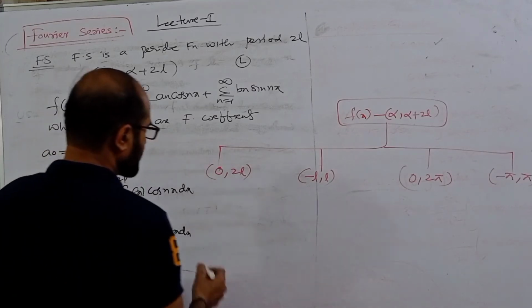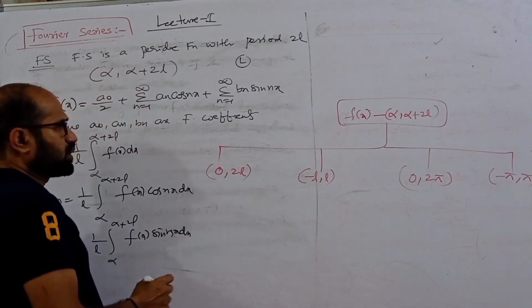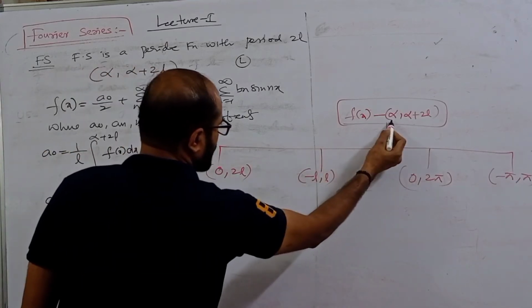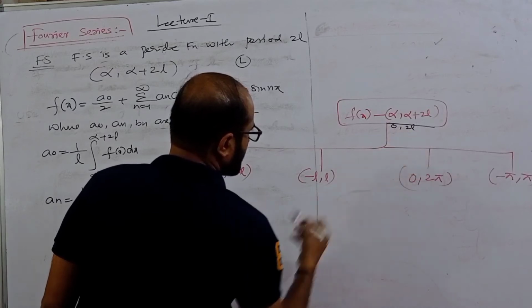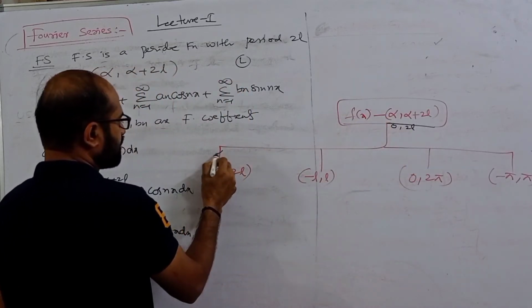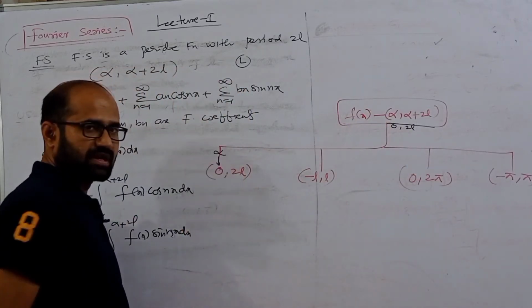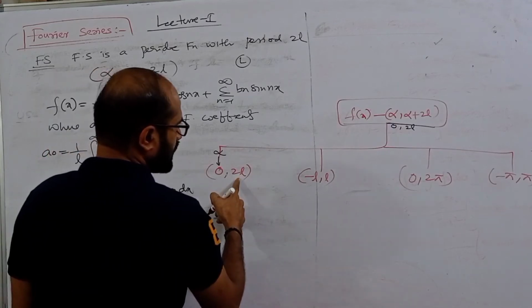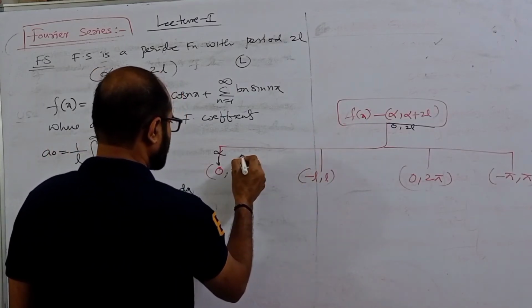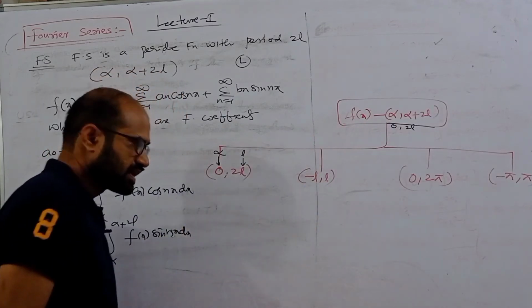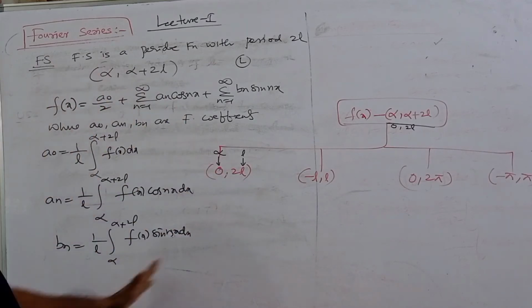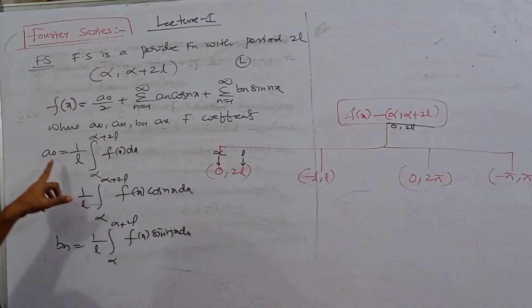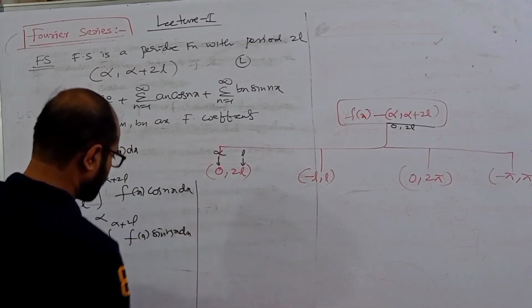Now see here. The interval 0 to 2L, this is the general. In this 0 to 2L, it means what? Alpha value is 0, and L is L only. So substitute alpha is 0 and L in these general formulas. Then what do you get?